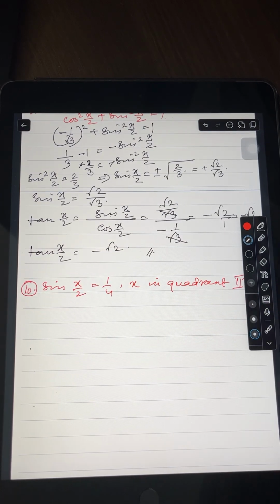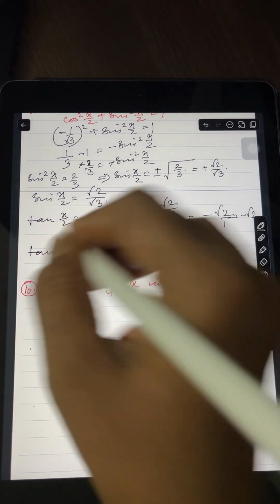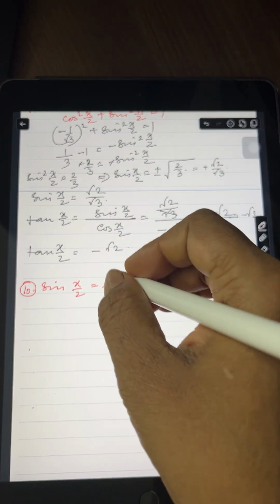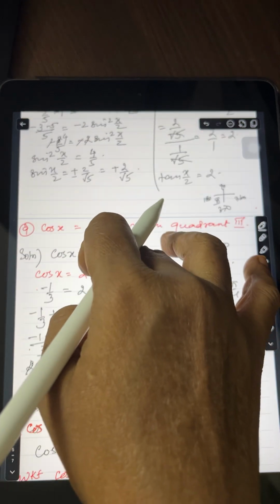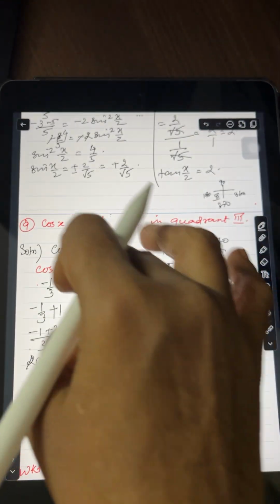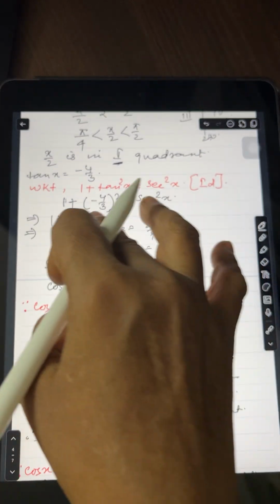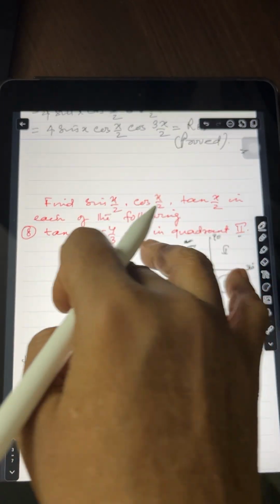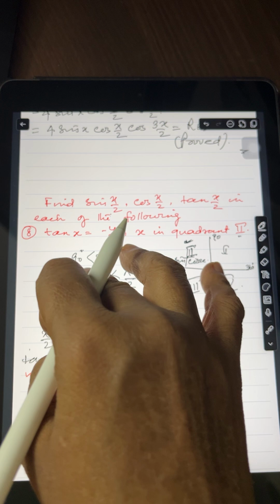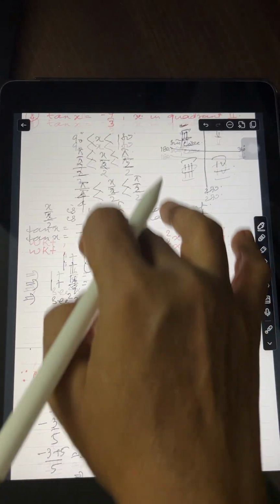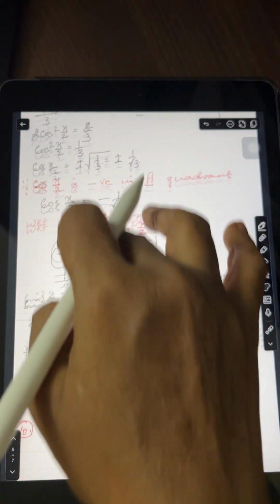Now you see the last one. Sin x by 2 is given as 1 by 4. Here you had cos x, here also you had tan x. Now you have sin x, I believe, not x by 2.